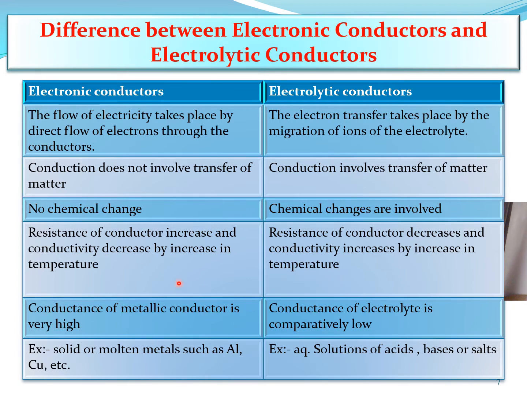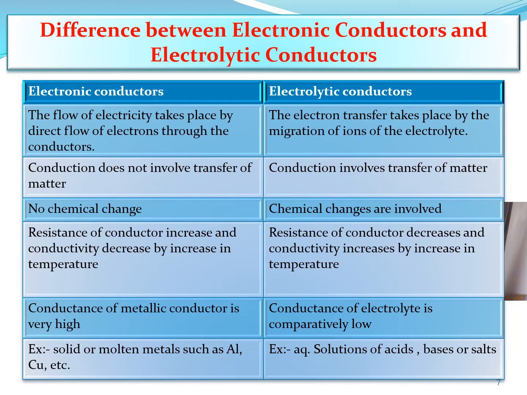Then conductance of a metallic conductor is very high, while conductance of an electrolytic conductor is comparatively low. Examples of electronic conductors are solid or molten metals such as aluminium, copper, while for electrolytic conductors it is solution of NaCl, acetic acid, etc., aqueous solutions of acids.